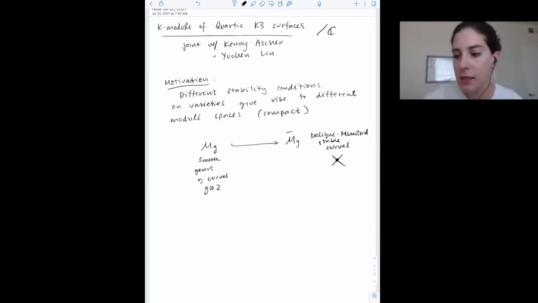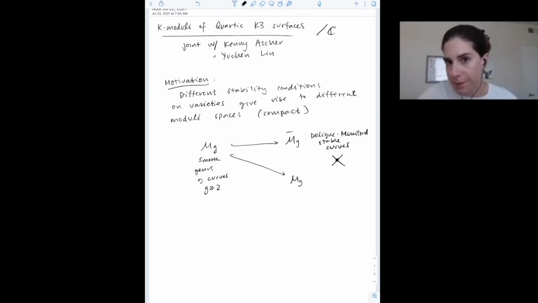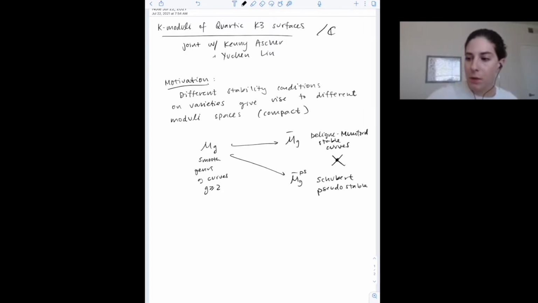And what is a really nice story that has been studied by many different people is that this isn't the only option. So I could also consider a compactification, sometimes called pseudo-stable. I think these are originally due maybe to Schubert, pseudo-stable curves, which means we put a slightly different stability condition on the curve, but roughly the idea is that we allow at worst cusps.